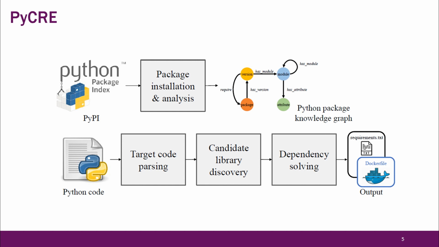The bottom portion shows the automatic inference of computable runtime environments. With the knowledge graph, PyCRE parses a target Python code, discovers its candidate libraries, and generates the computable runtime environment through dependency solving.